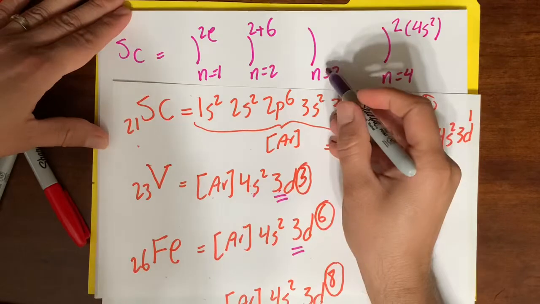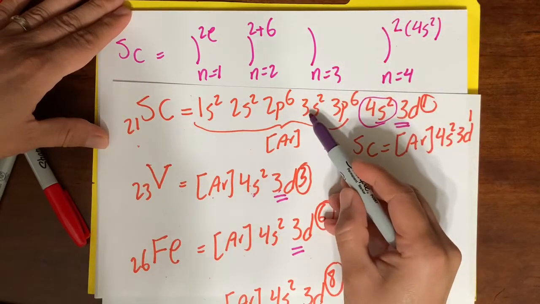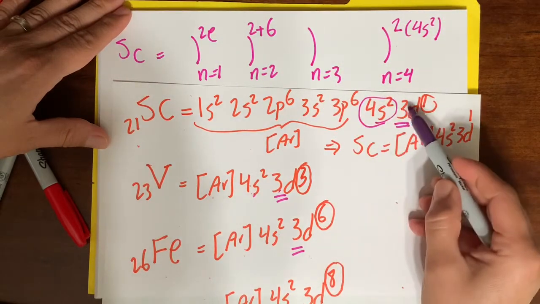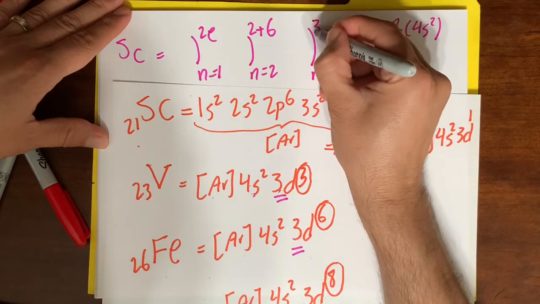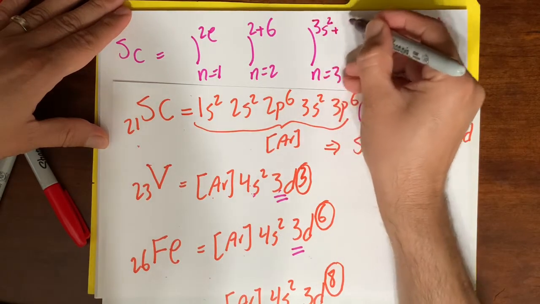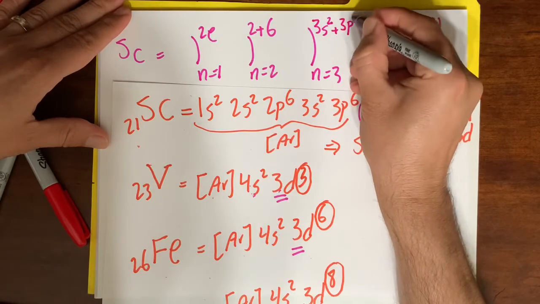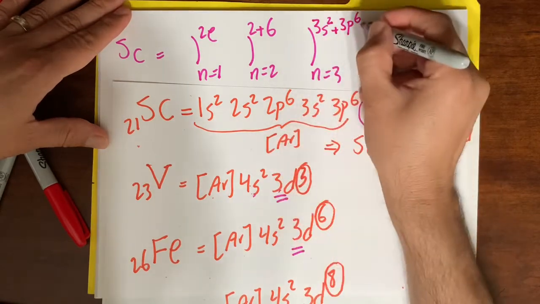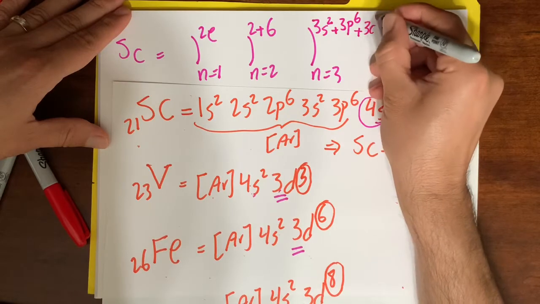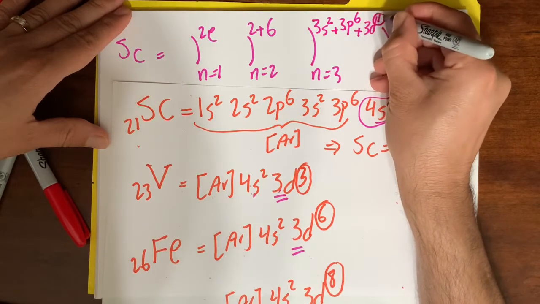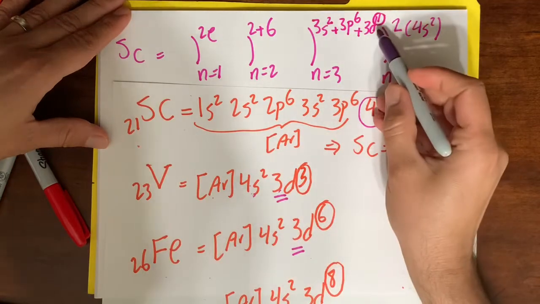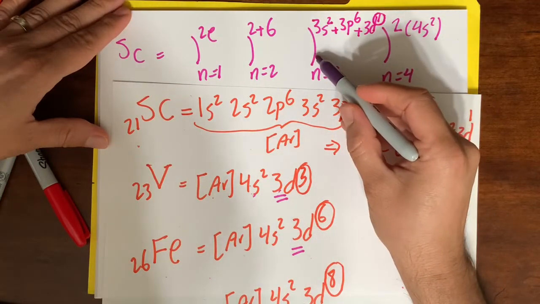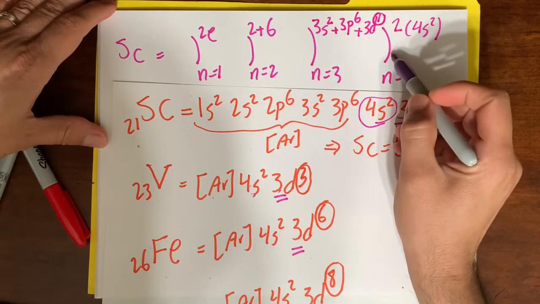But in the third layer we have 3s, 3p, and 3d. So 3s with 2 electrons, plus 3p with 6 electrons, and 3d with 1 electron. So we added the electron to the inner layer, not the outer layer.